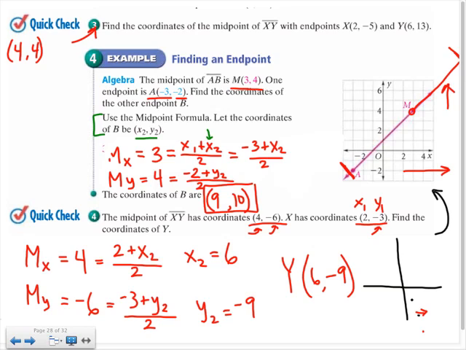I moved from 4 to 6. And I also had to move a little bit farther down from the midpoint, which I did. I moved from -6 to -9. So 6, -9 certainly passes the common sense check for this midpoint.